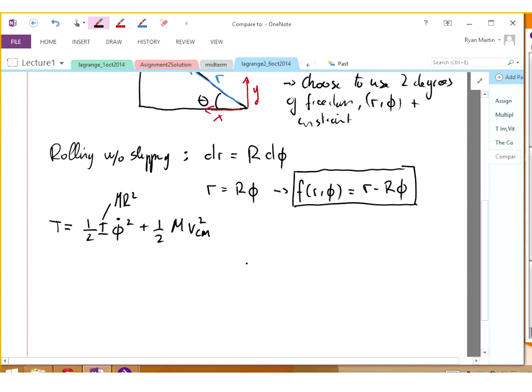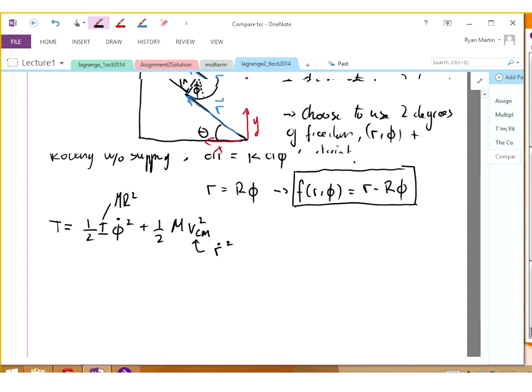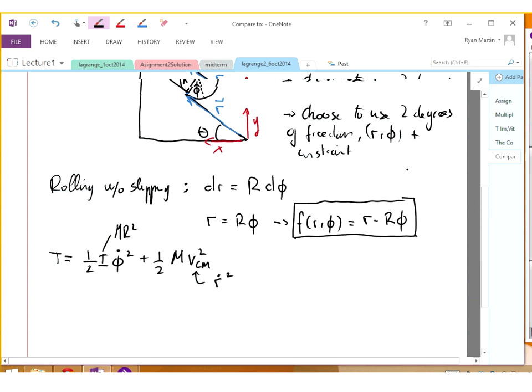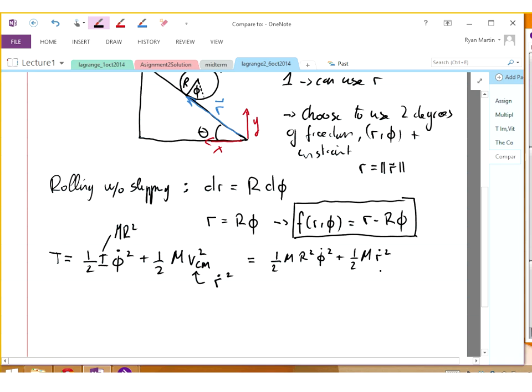And V_CM, the speed of the center of mass, is simply r dot, where r is the length of the vector r, right? So we can write out the kinetic energy as a half m big R squared phi dot squared plus a half m little r dot squared.